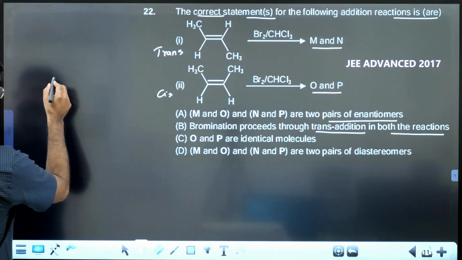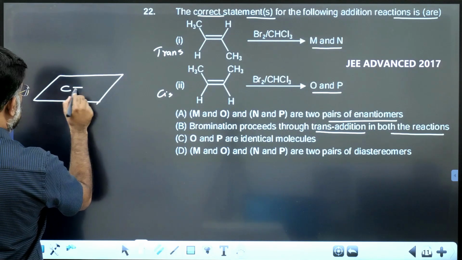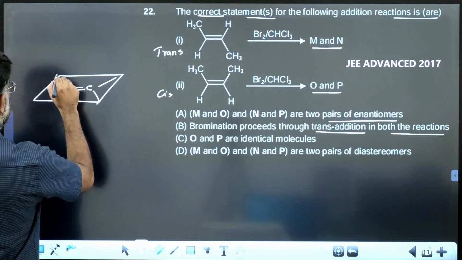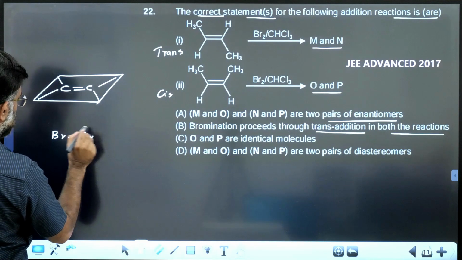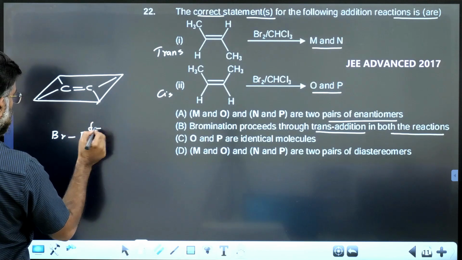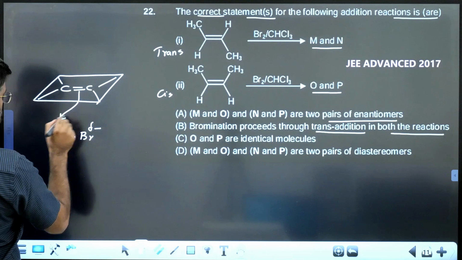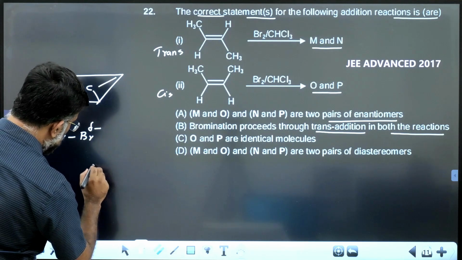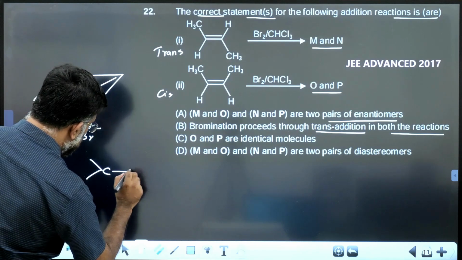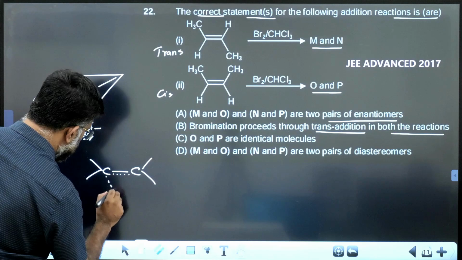What is anti-addition? All of you know, but still: this is a carbon-carbon double bond, which polarizes bromine. Bromine polarizes as minus and plus, and this attacks over here, and you get a cyclic bromonium ion.